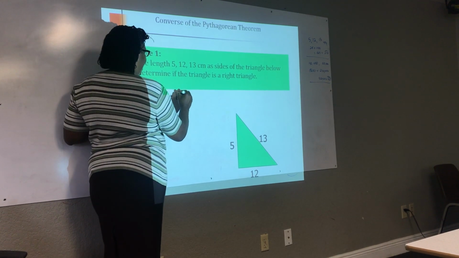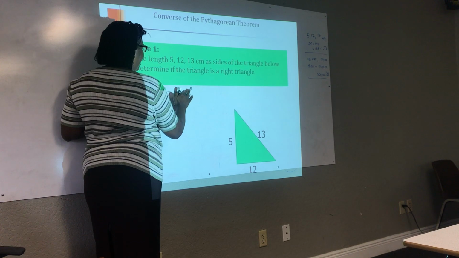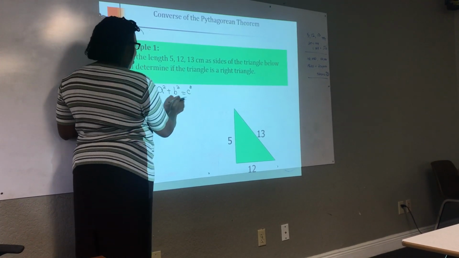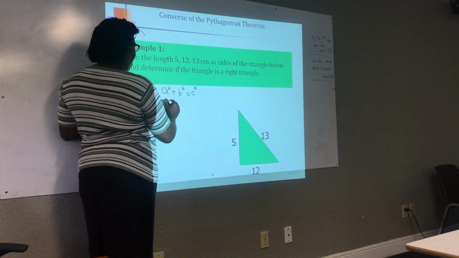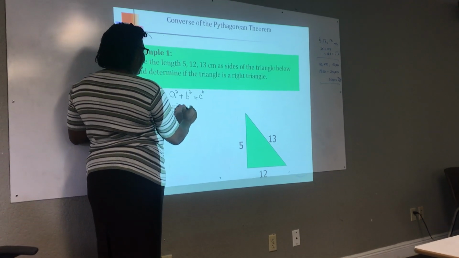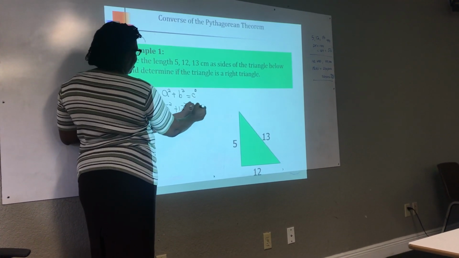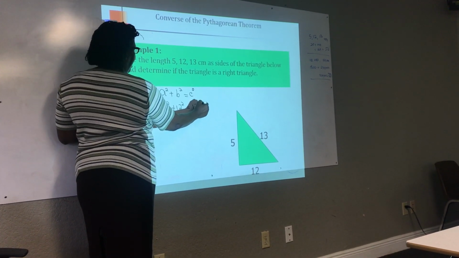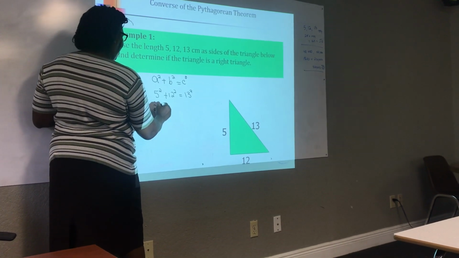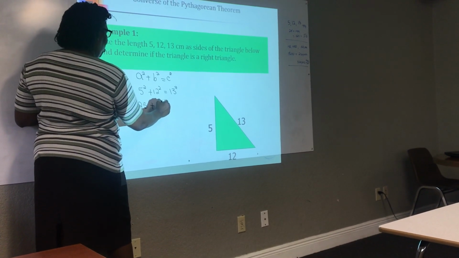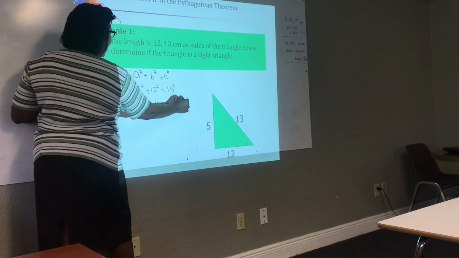A squared plus b squared is equal to c squared. We're going to plug the numbers in, so 5 squared plus 12 squared is equal to c squared, which should be 13 squared. Putting those numbers in the calculator, this is 25 plus 144 is equal to 13 squared, which is 169.